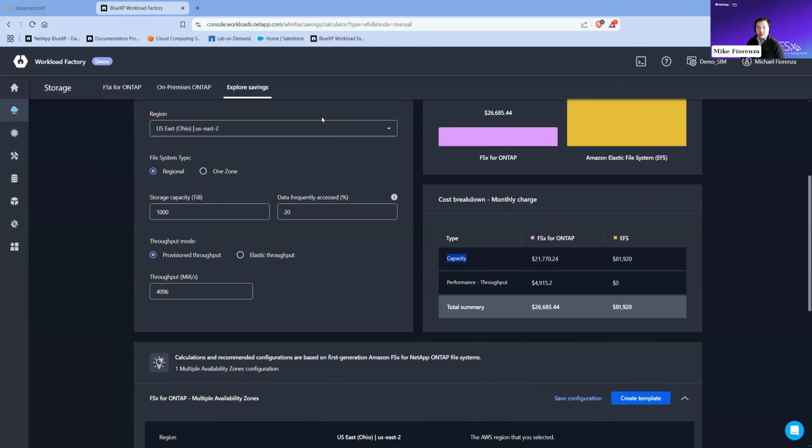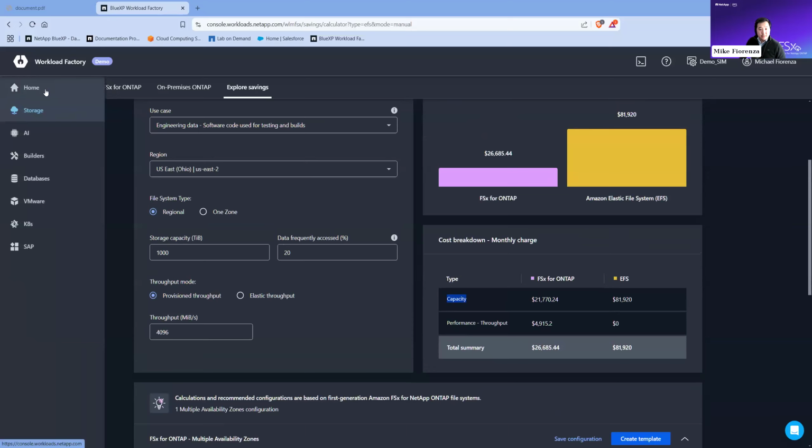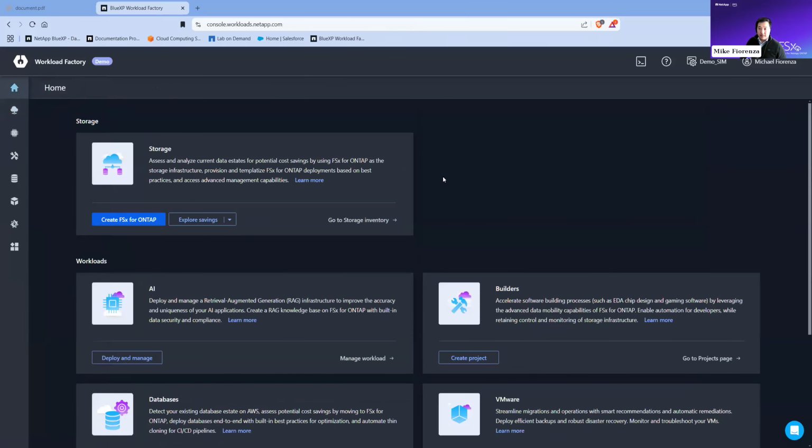Now, staying in the console here, Danny had mentioned beyond the calculator, this can become a management and deployment console, right? This is kind of a one-stop shop for what you may want to be doing in AWS. Now, again, you don't necessarily need to give us permissions or set things up to directly talk into your AWS account and do these things. You can use this just for the calculator if you so choose.